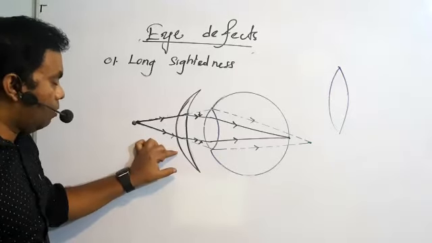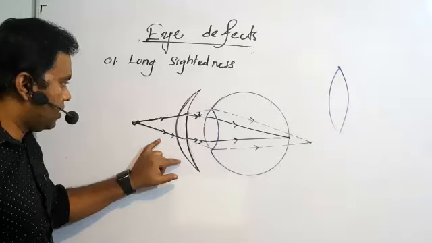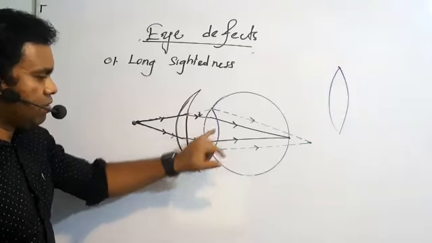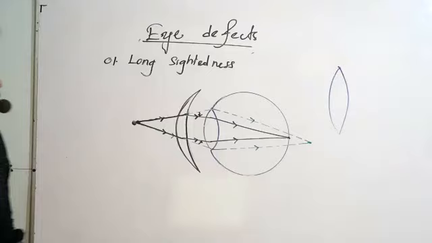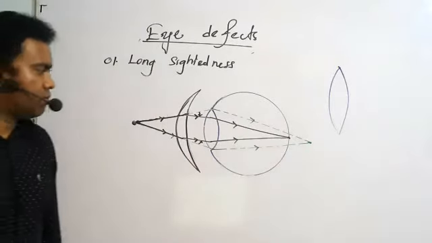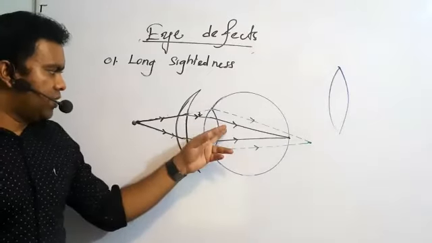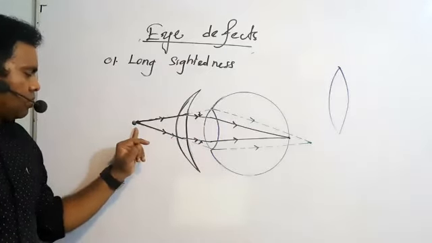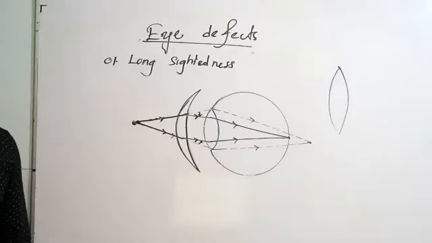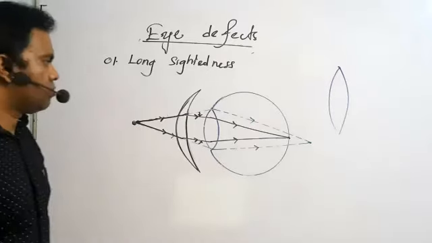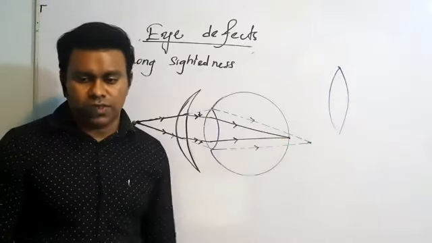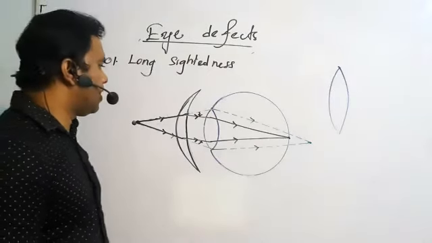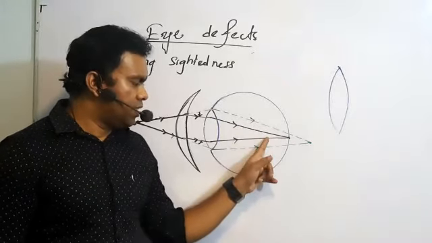This convex lens of the spectacle supports the eye lens to converge light rays coming from closer objects to the retina, to focus the image at the retina.